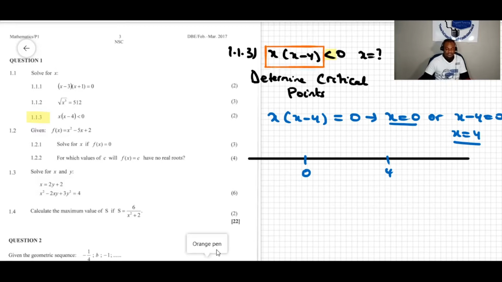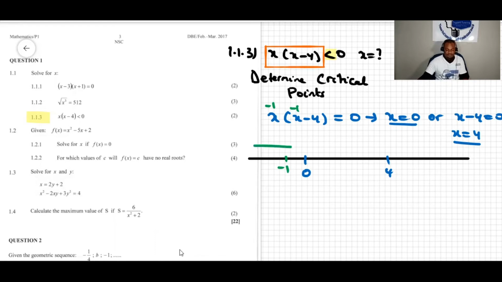Now let's see. We're going to substitute random values over each interval. In the first interval, from negative infinity to 0, take a number like negative 1, for instance. We substitute negative 1 for x, and you notice that we have negative 1 times negative 5.